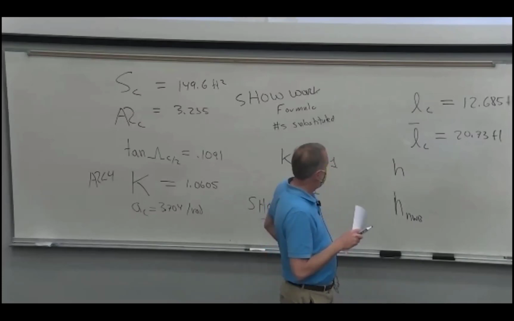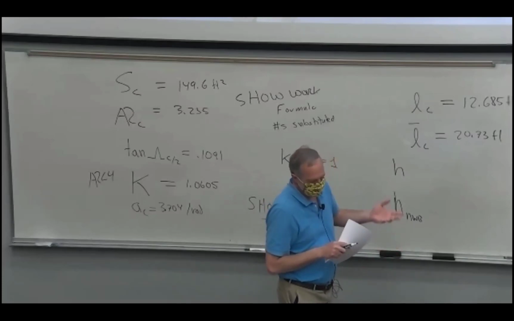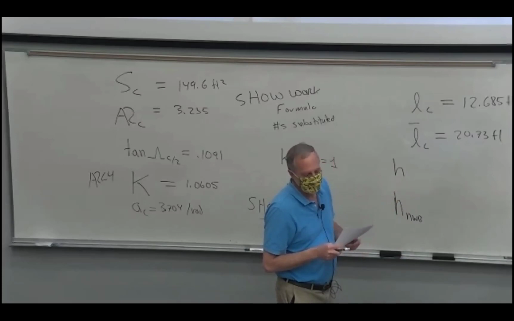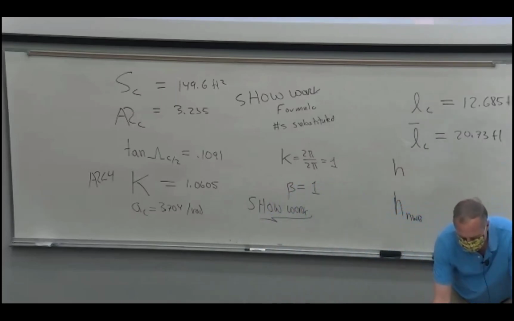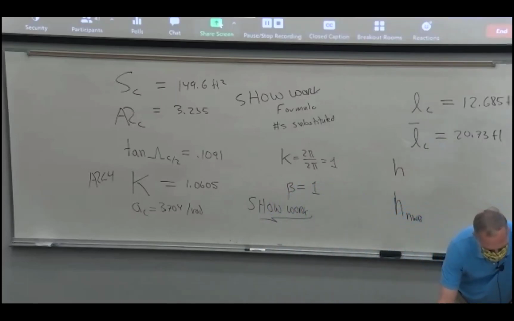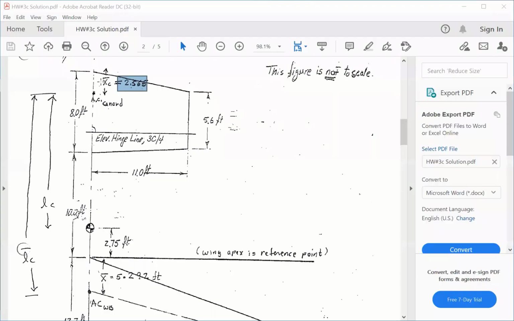And then HN wing body is the same thing. It's the distance back to the aerodynamic center from the datum. So if you notice, these numbers come from these X bar, the locations of the aerodynamic center, X bar of the canard and X bar of the wing body, that we calculate using those formulas in the appendix in the book.